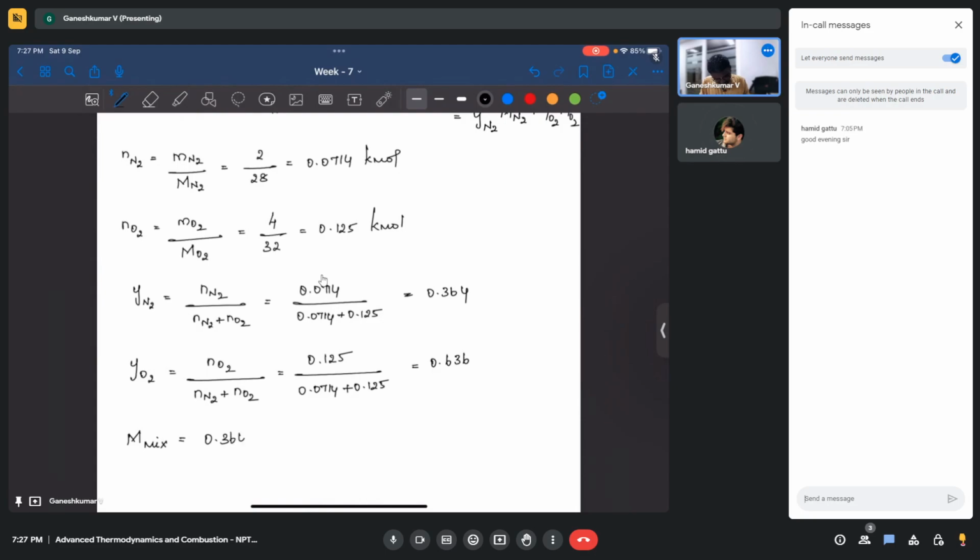This is going to be 0.364 times 28 plus 0.636 times 32. So it's 30.544 kg per kilomole.